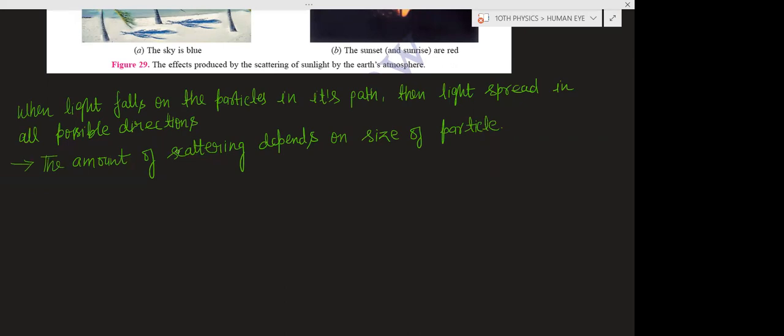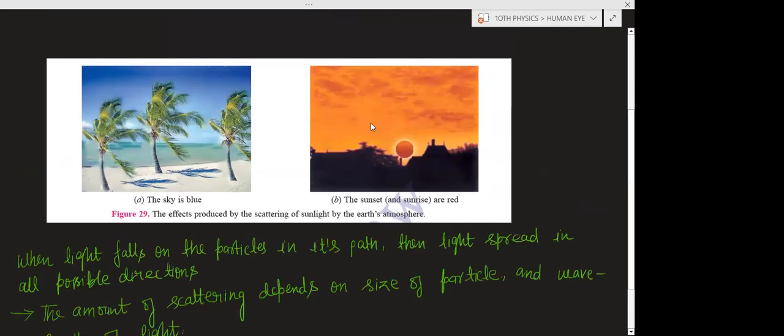Okay, so the amount of scattering depends on the size of the particle and the wavelength of the light. Okay, so this is the scattering of light, simply.